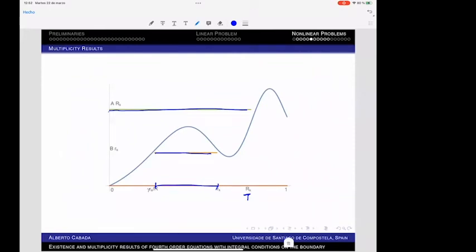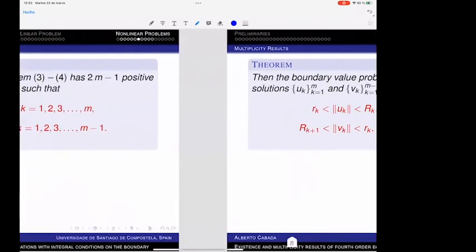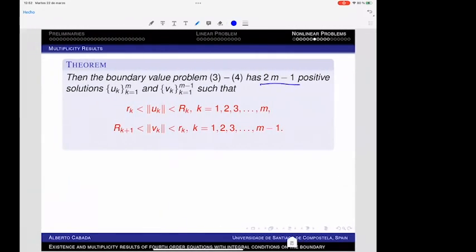In any of these times, we can apply Krasnoselski, and we prove that norm tu is less than norm u, and norm tu is bigger than norm u. Combining this, we have 2m minus 1 solutions that satisfy this. And this is a consequence of the Krasnoselski fixed point theorem.